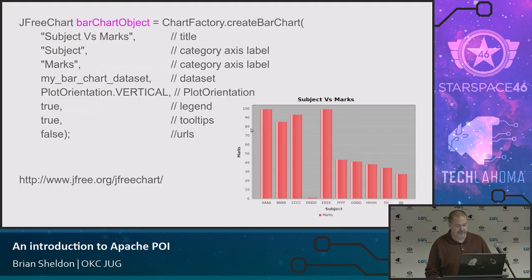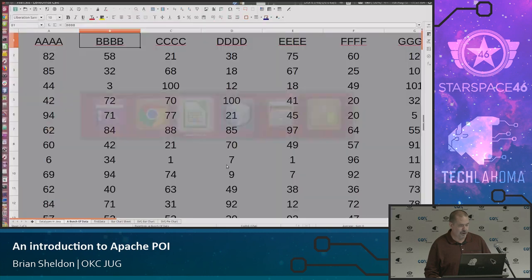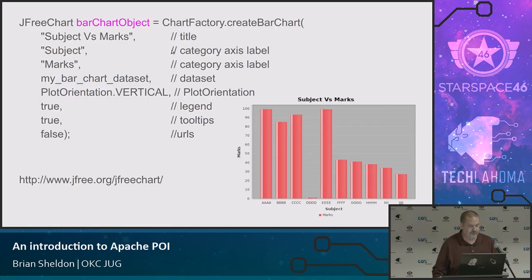So that's where this data is coming from, a bunch of data, the sheet called a bunch of data. So JFreeChart, I believe, is an open source way to create bar charts and different kinds of charts. So you can get a chart factory and create a bar chart, and you feed it a bunch of stuff, and it will create you a bar chart object.